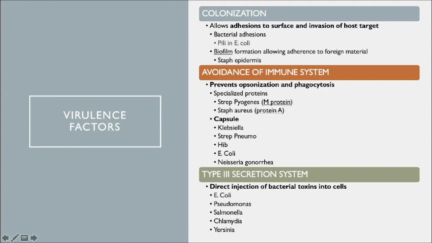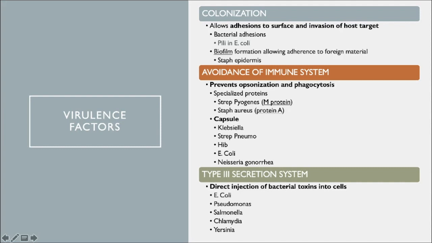The M protein allows the Strep pyogenes to look like your own cells, so it can avoid the immune system, but in the process, it also encourages antibody formation against the actual body, which is how you get things like rheumatic disease. Again, you'll talk about these much more in detail later. I'm just introducing these topics. And protein A is similar to M protein in Staph aureus. Not a very high yield protein, but it's in the Sketchy, so here it is.